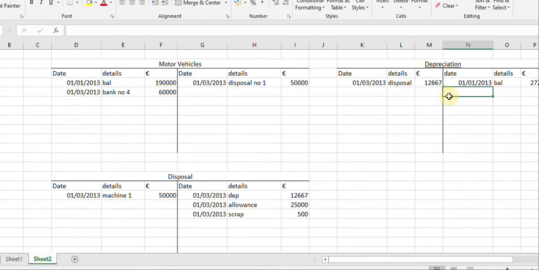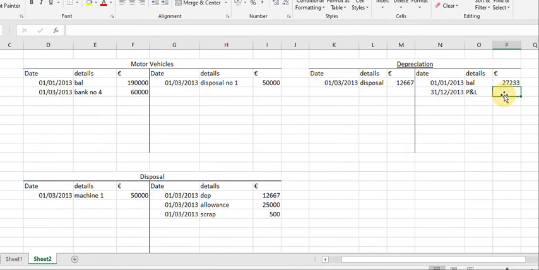So on this side, and that would be the end of the year, 31st of the 12th 13, that would be our P&L depreciation, and the figure would be 18,842. All these figures coming from our workings. So that, as far as I can see, is everything that happened in 2013.